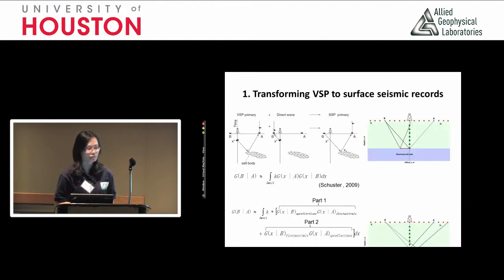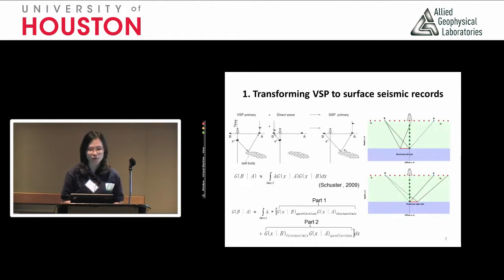So the first algorithm is transforming VSP to surface seismic records. When I first saw VSP data, because we are familiar with surface seismic records, we wanted to see whether we can apply surface seismic tools on VSP. In Schuster's book, 2009, he described several methods to transform VSP to surface seismic records.